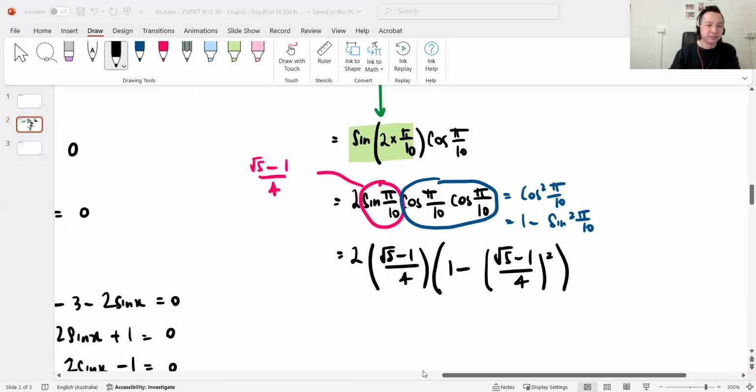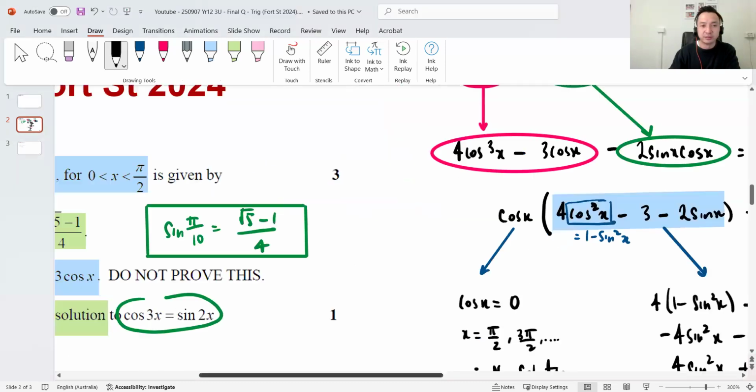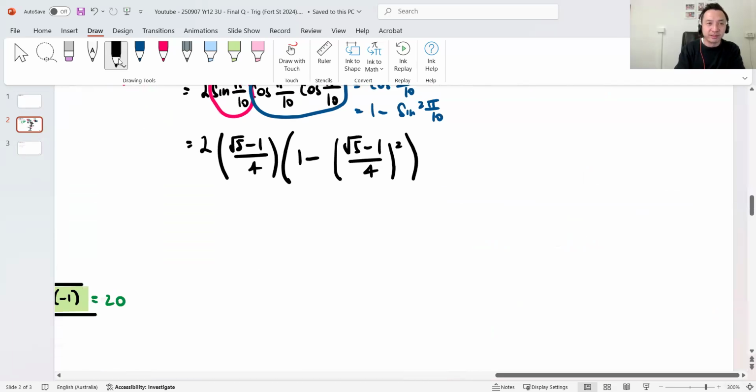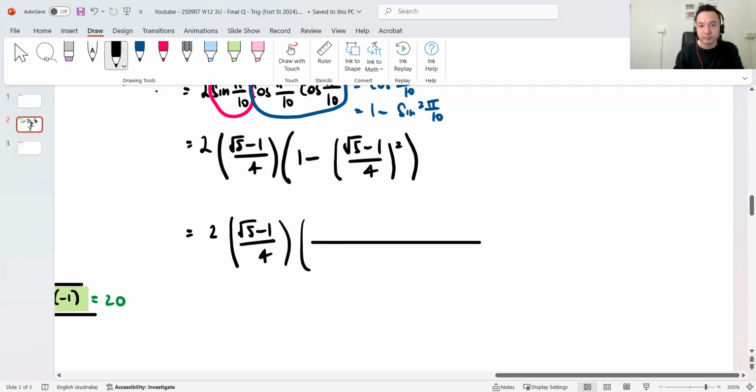Does it say without a calculator? Oh, it does say without a calculator. Okay, cool. So they just need to simplify. So it equals 2 times root 5 minus 1 on 4. Expand that, all over 16, that's 16 minus the perfect square expansion, which is 5 minus 2 root 5 plus 1.